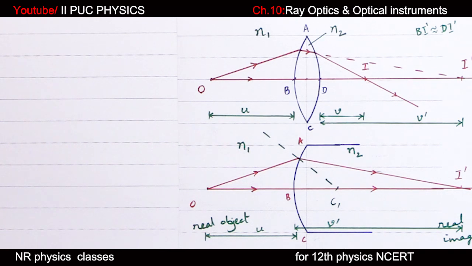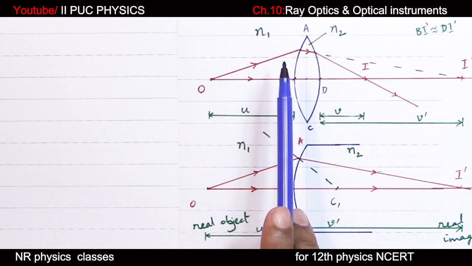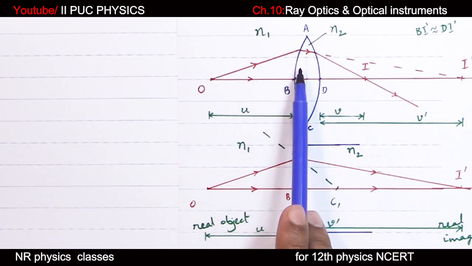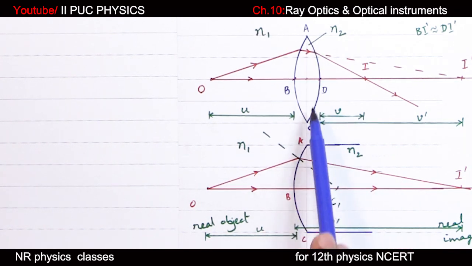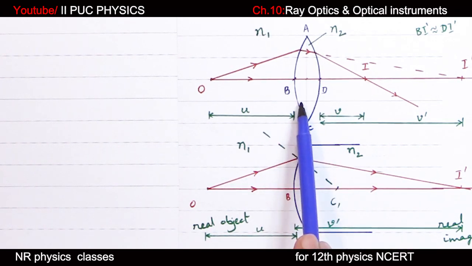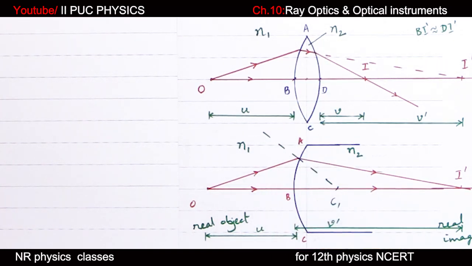Now let us write the statements. Consider a convex lens of focal length f. Let R1 and R2 be the radii of curvature of ABC and ADC respectively.